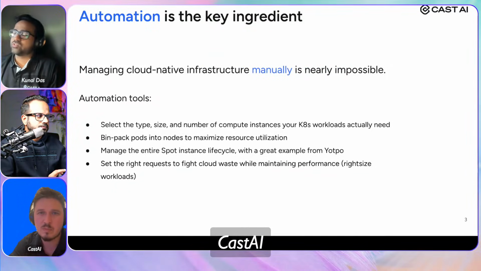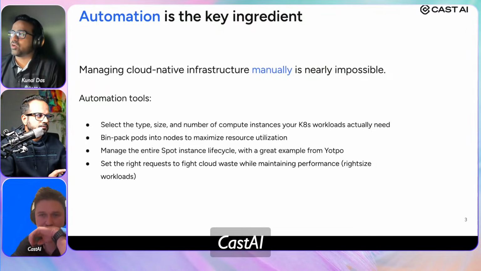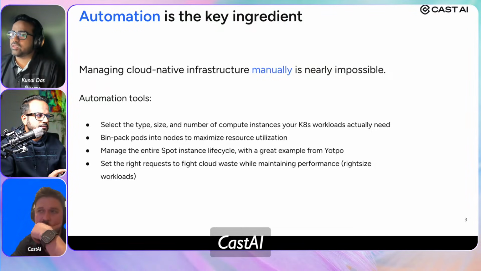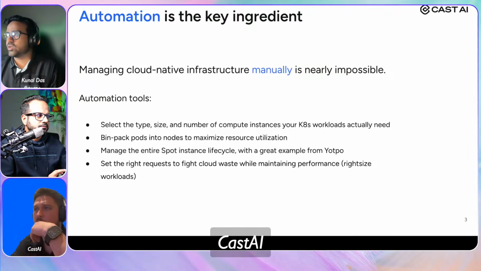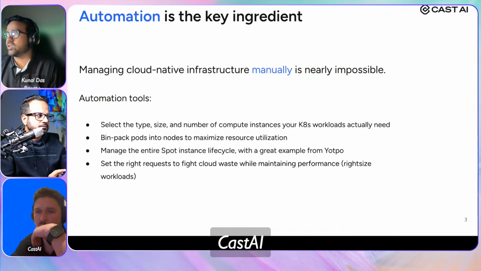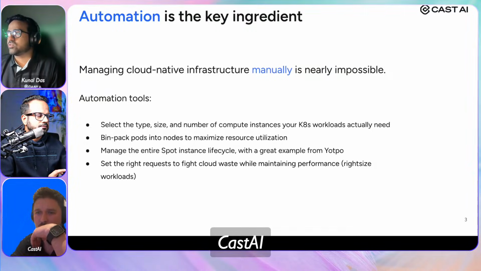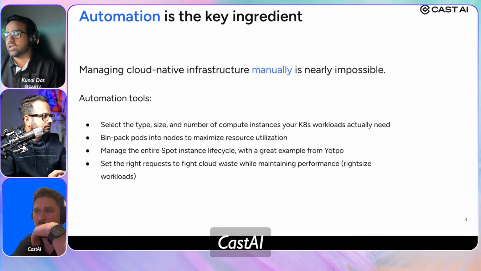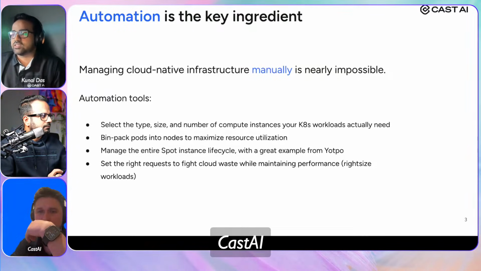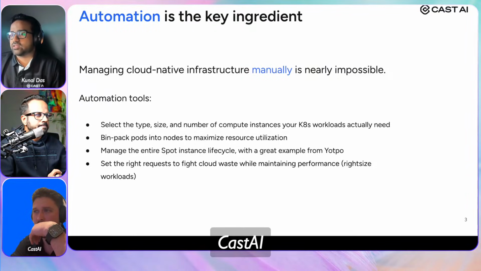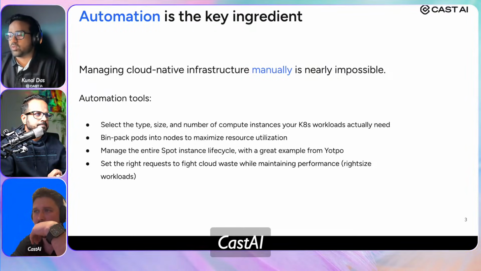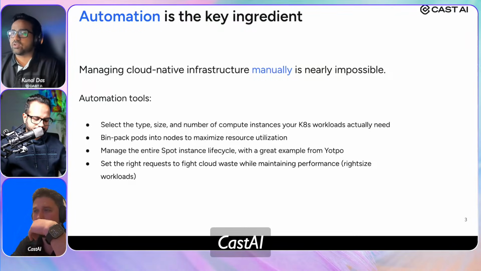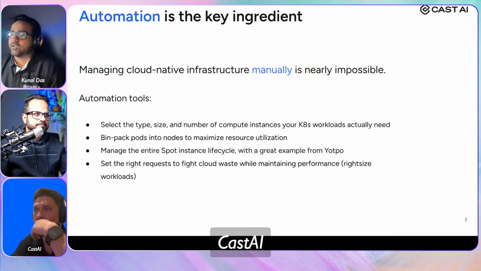So that's when we use spot, which will reduce your cloud bill to a great extent. By using CastAI, you don't have to manage all the hassle of what if my spot goes wrong, what will happen, what not. So that's what it is at its core.